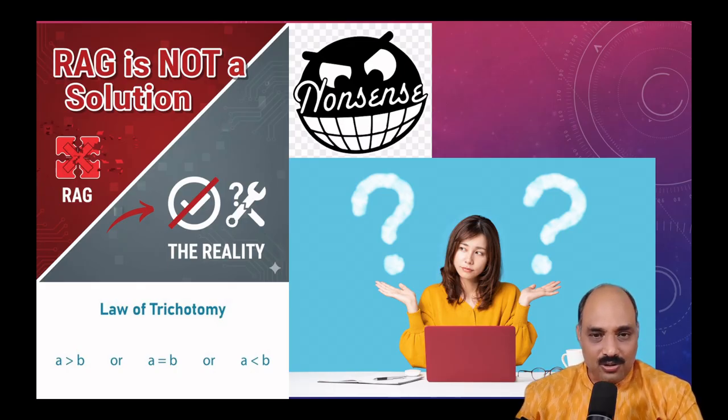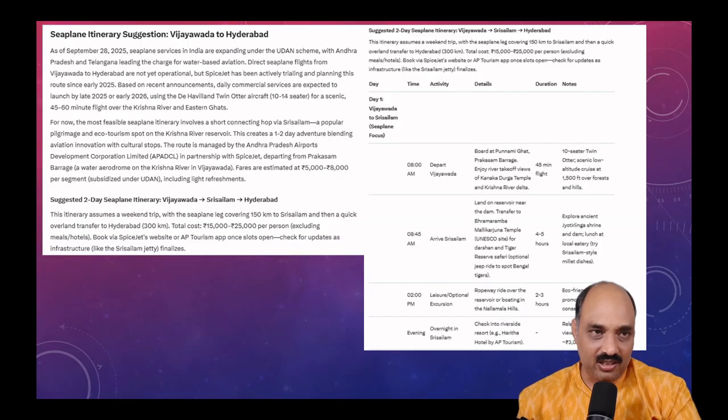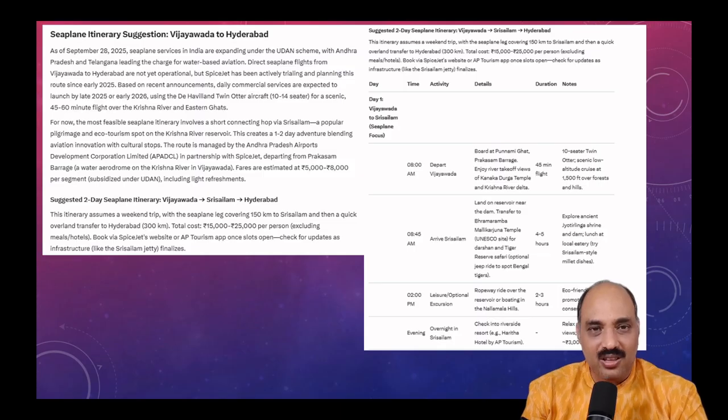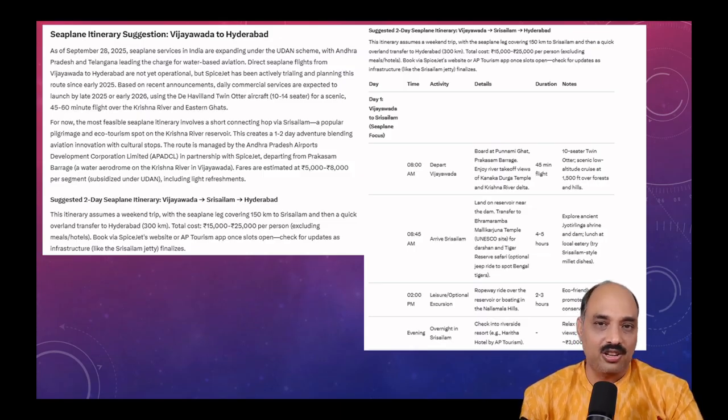I prompted Grok again. I used two places and said, give me a seaplane itinerary from Vijayawada to Hyderabad. I gave this knowing very well that RAG will give Grok a falsified answer.